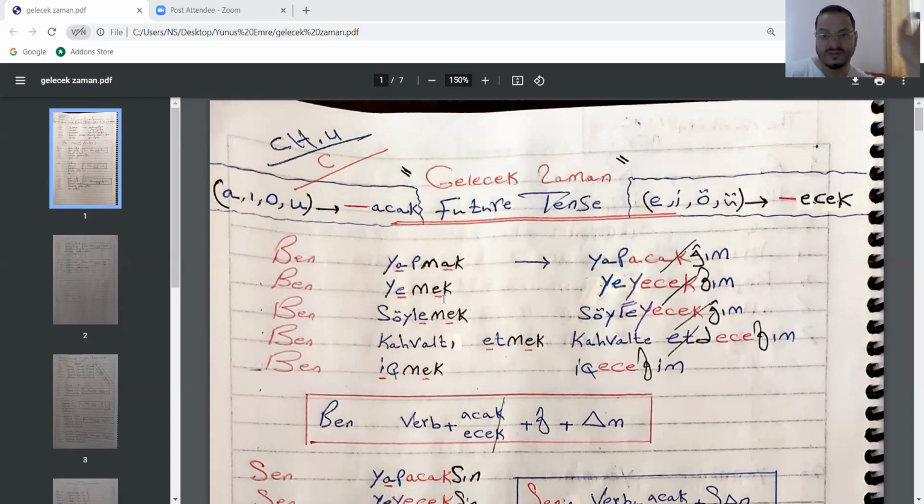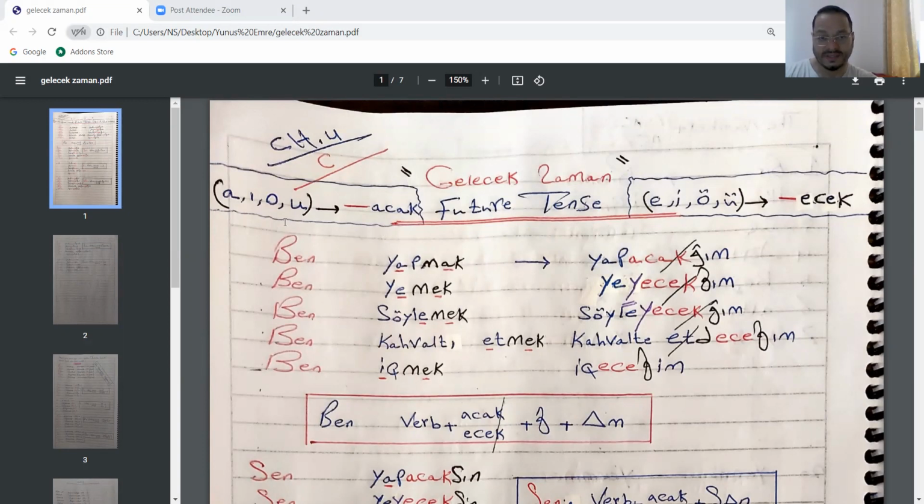The first step we must do is delete or ignore mak, mek, to be like that: yap, ye, söyle, kahvaltı et, iç. And like I explained in the previous lecture, all of these situations without mak and mek mean we are dealing with the order verb form, exactly what was said with you. Okay? Now let's keep going to finish this first one.